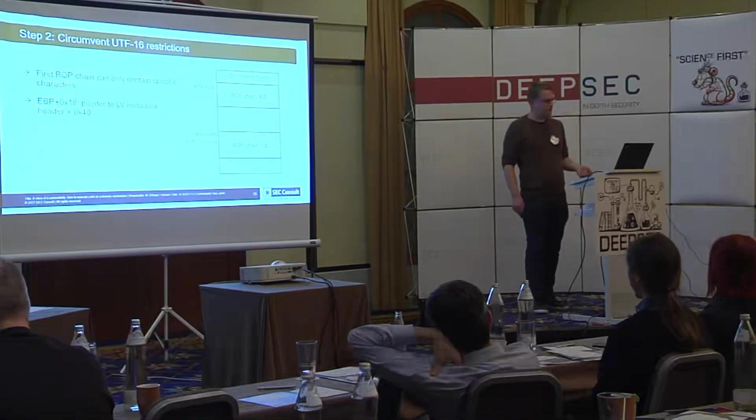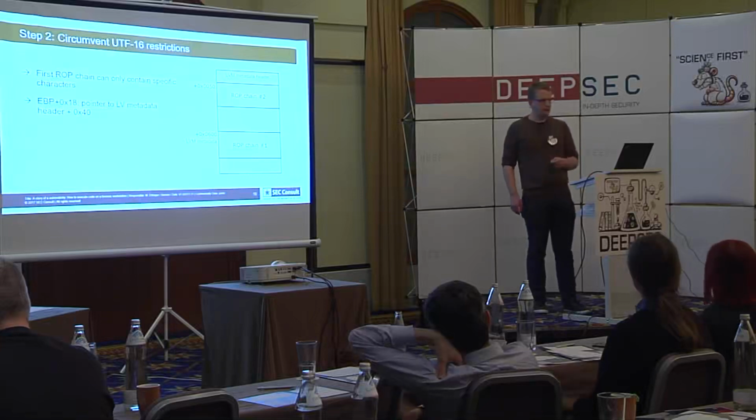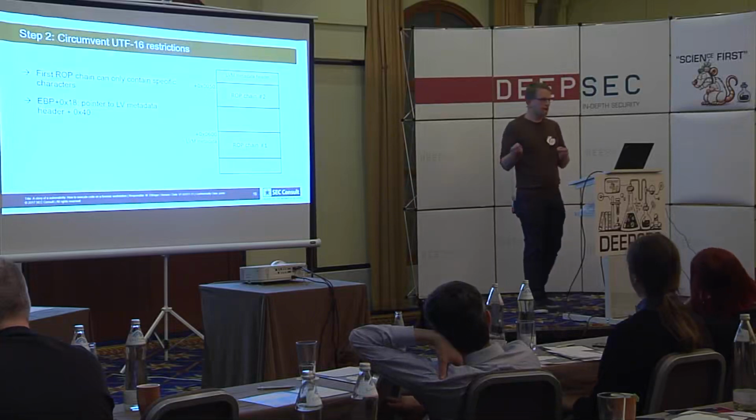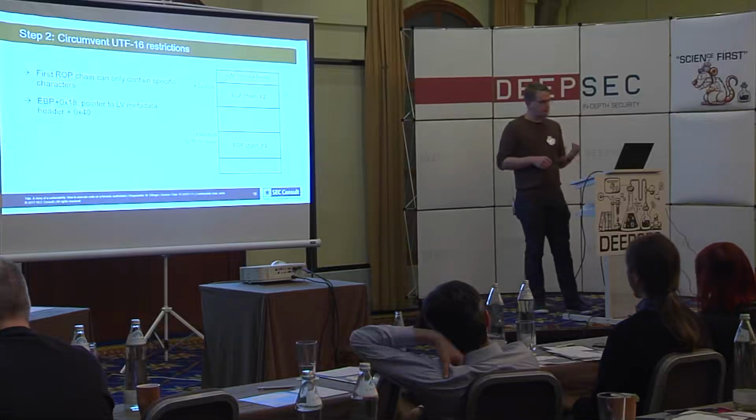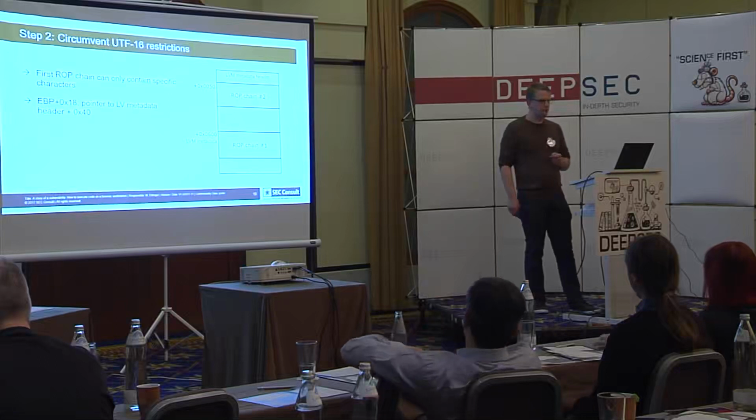So the idea is that we load an unmodified ROP chain somewhere into memory, or let the application load an unmodified ROP chain into memory, find this ROP chain, transfer execution to it, and we can then use this ROP chain to fully control our execution.